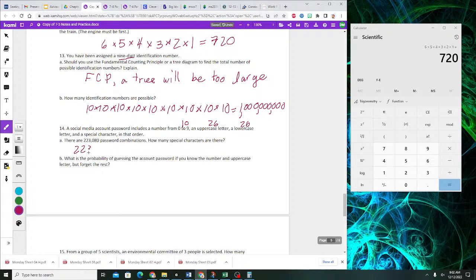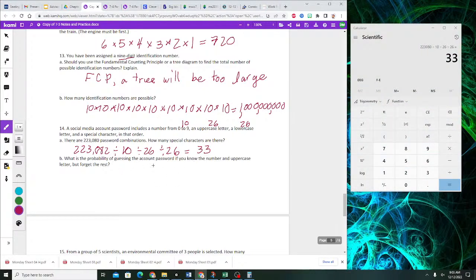We're going to take 223,080 and divide by 10, then divide by 26, and then divide by 26 again. And that'll give us the number of special characters. So 223,080 divided by 10 divided by 26 divided by 26. There are 33 special characters.